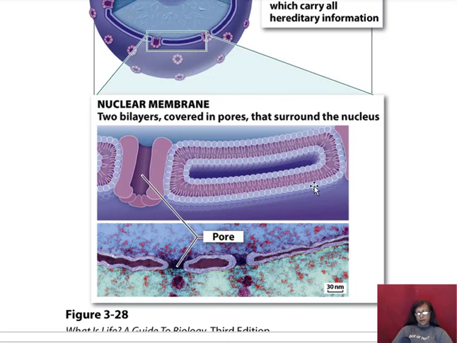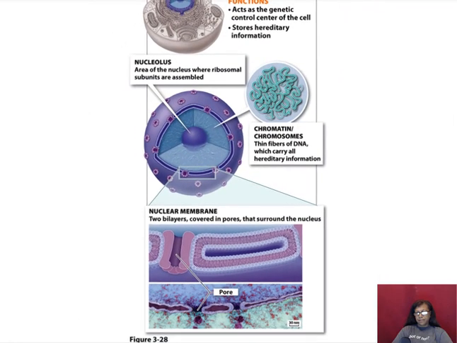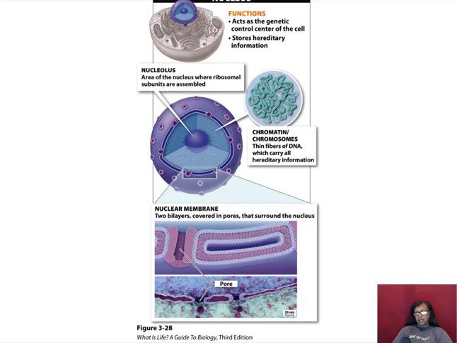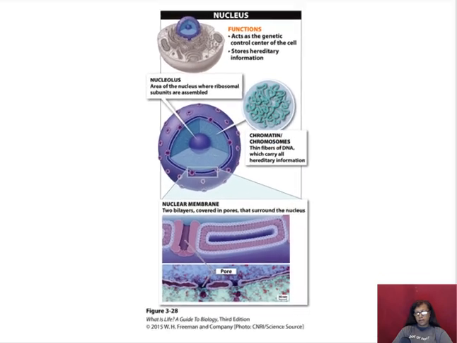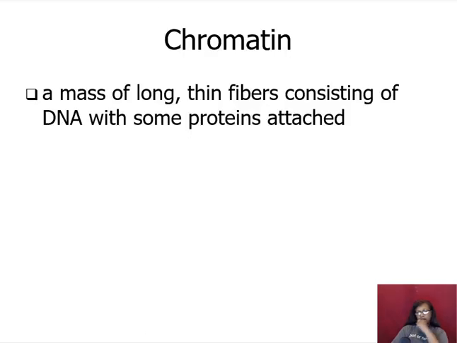It is your standard phospholipid bilayer, as you can see here, but it has nuclear pores so that we can get RNA into and out of the nucleus, because DNA cannot leave the nucleus. It's trapped there. It does not leave the nucleus, but we've got to get that information out, and we'll see later how we get that information out when DNA can't leave. Let's carry on with our terminology. So chromatin.